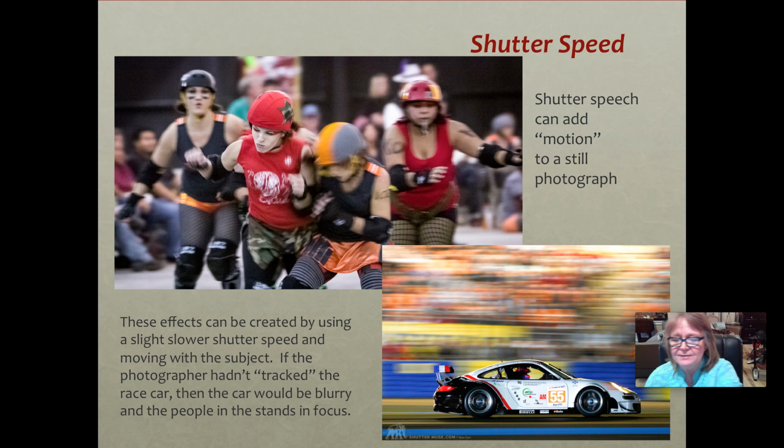That means the car's in focus, but the people in the background are blurred. If the photographer had just taken a shot like this, then the people would have been focused, but the car would have blurred through. Anyway, you can do some interesting things.